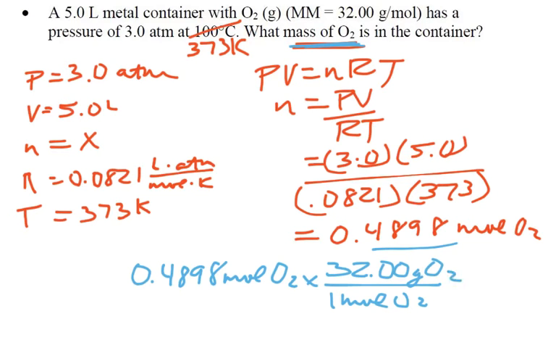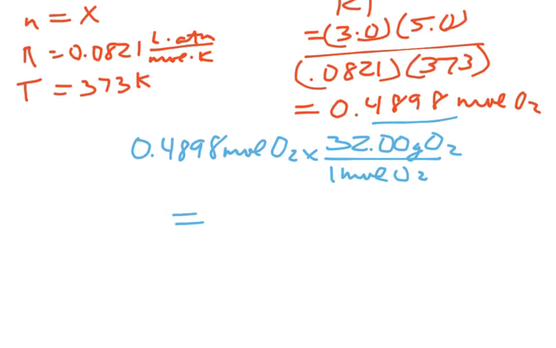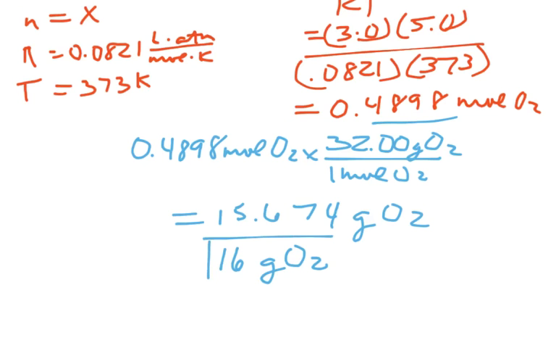That's from the periodic table, remembering that oxygen is diatomic, so 16 plus 16 gives 32. All we have to do is solve this, and my calculator says 15.674 grams of oxygen. But my numbers were only two significant figures, so I'm going to round this off to 16 grams of oxygen. And that is the last problem.